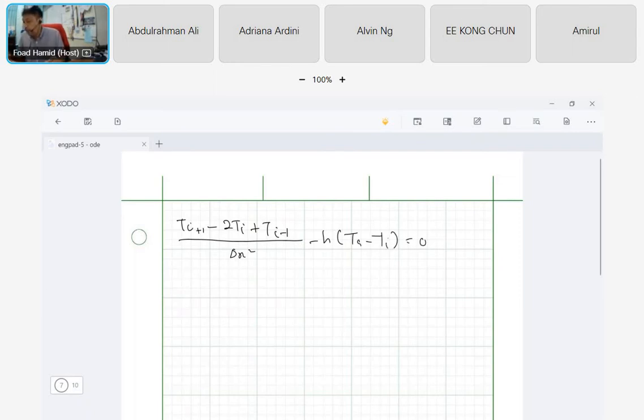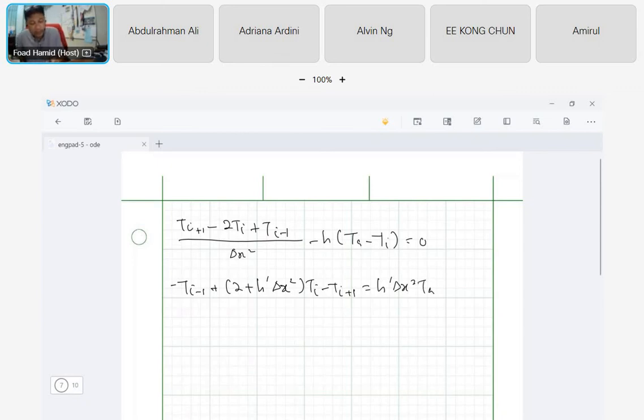When we simplify this, what we get is minus Ti minus 1 plus (2 plus h prime delta x square) times Ti minus Ti plus 1 equal to h prime delta x square Ta.